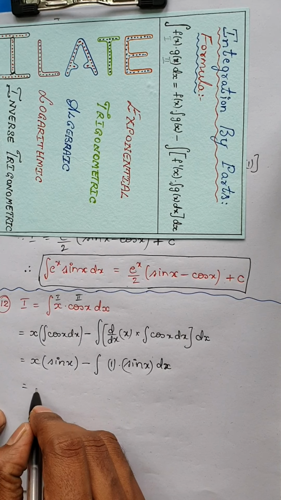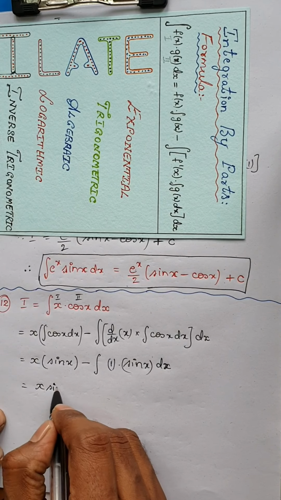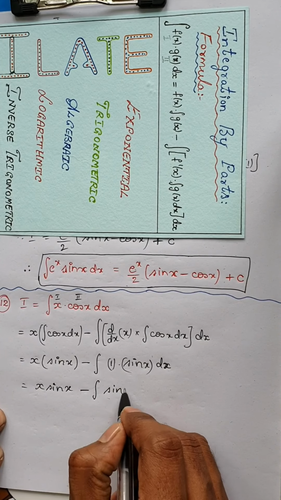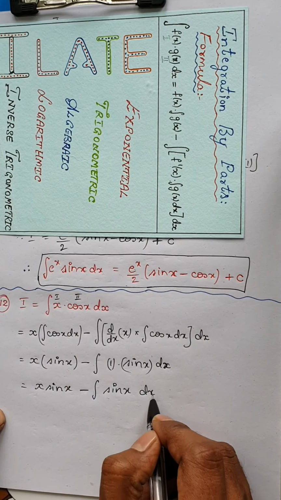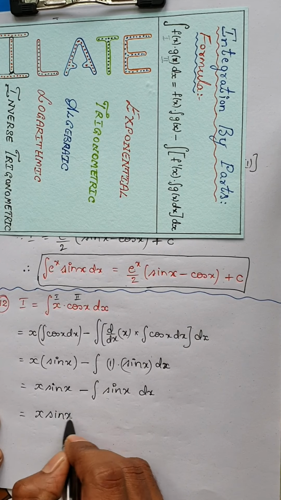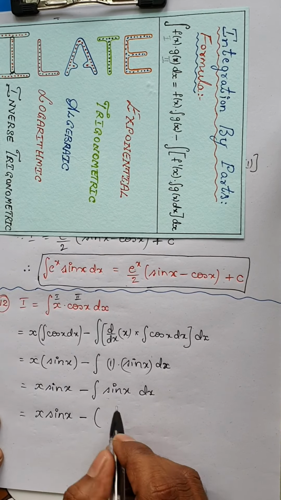Okay, so this is nothing but it is x sin x minus integral of, remember it is 1 into sin x is sin x dx. Okay, so this is nothing but x sin x minus, now what is integral of sin x?